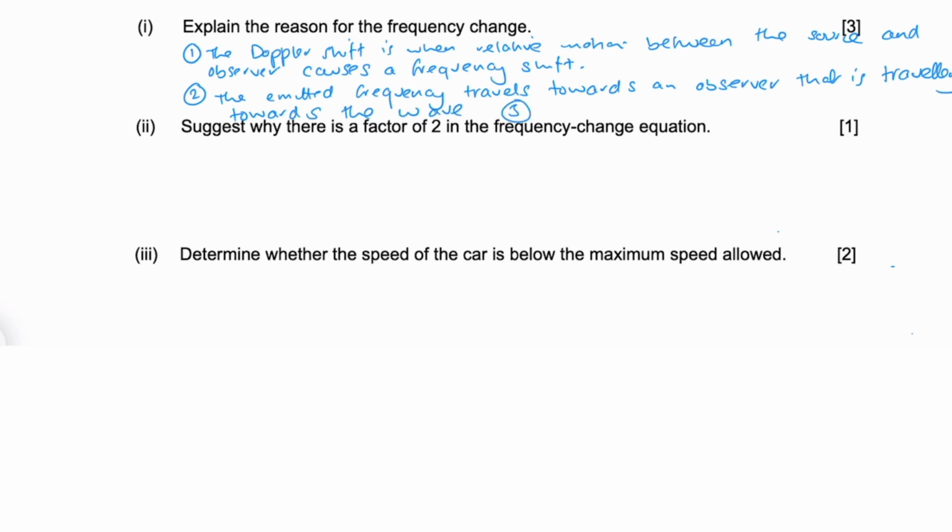And then 3, this causes an increased frequency to reflect. That'll do. Sorry about this writing, it's very small there, isn't it? I haven't given myself enough space to write it.